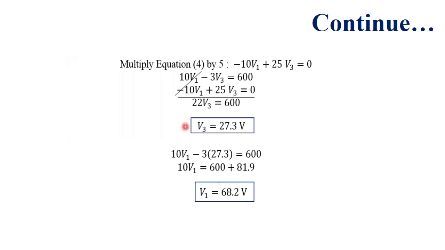For the solution of voltages V1 and V3, we have to multiply equation 4 by 5. After multiplying, we have negative 10 V1 plus 25 V3 equals to 0.